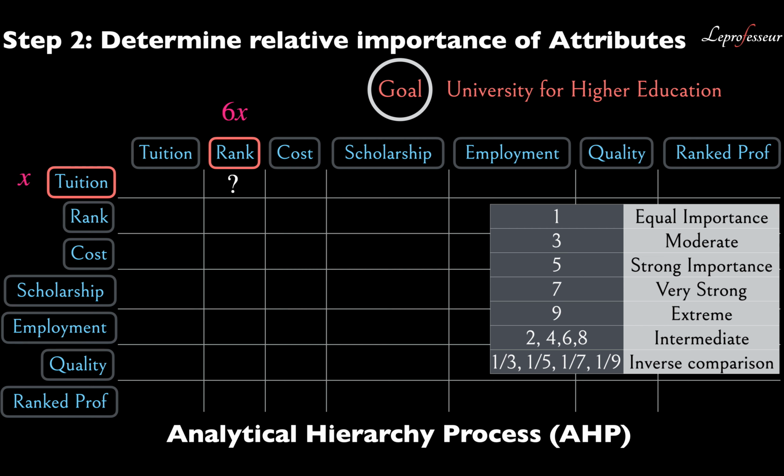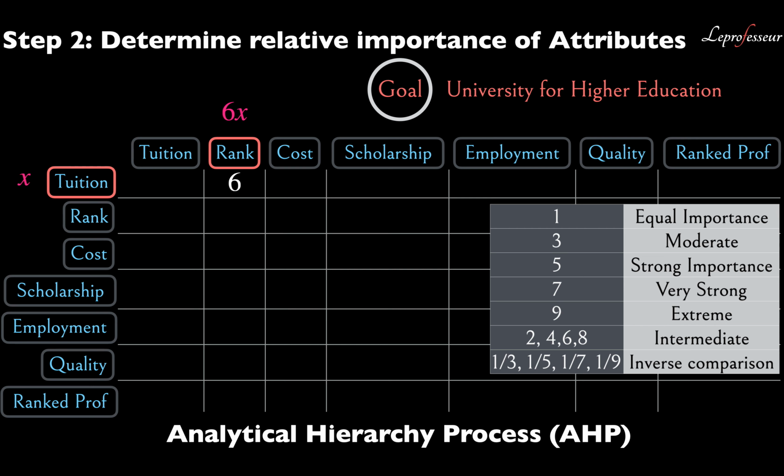So here, for simplicity, let's say I'm giving 6 times more importance. Probably I got lucky, I won the lottery, or somebody donated money. So think about it. Now, what will be the value in the matrix? 6x divided by x equals 6.